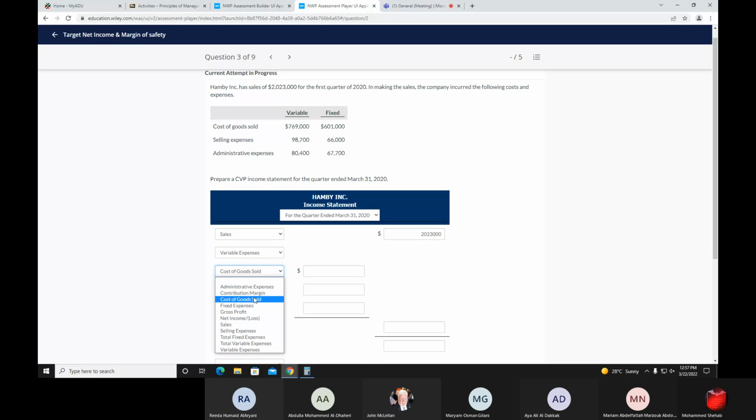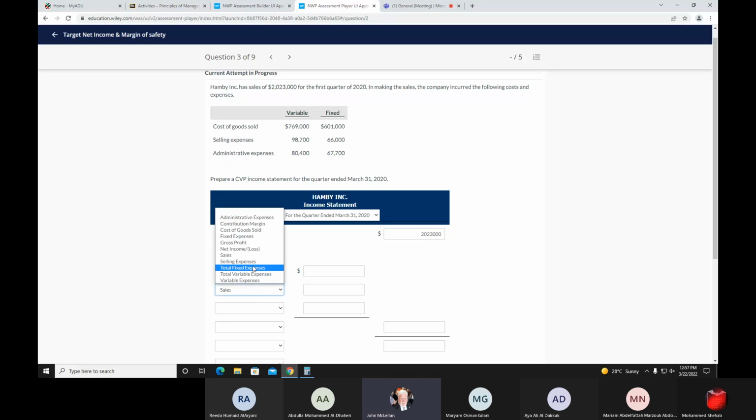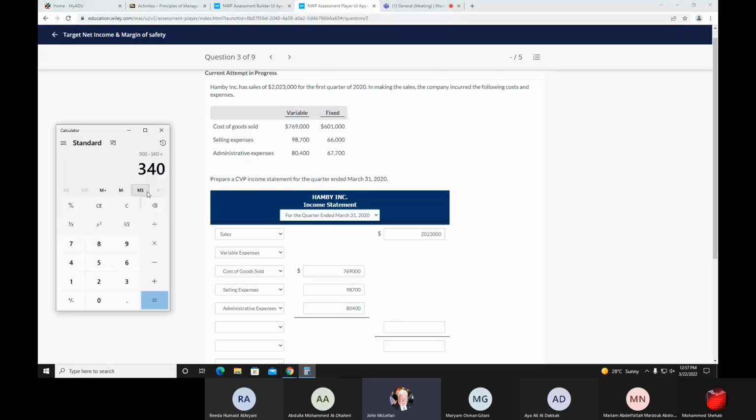Good. Very good, Mohammed. You have a good understanding. So the variable cost, you total them, subtract from sales, get the contribution margin, and then calculate the total fixed costs. Any questions?